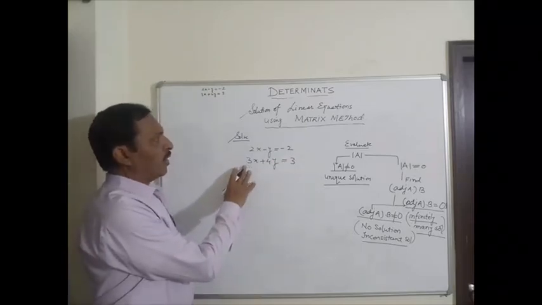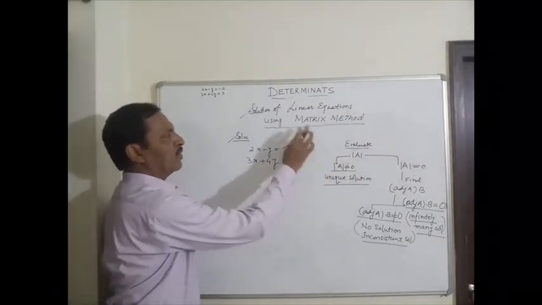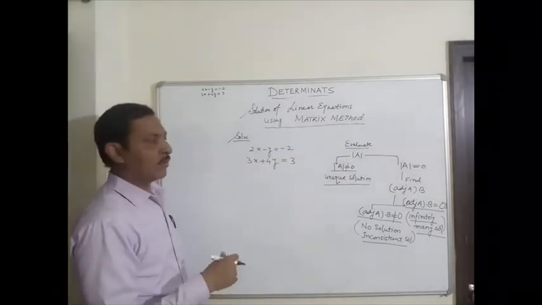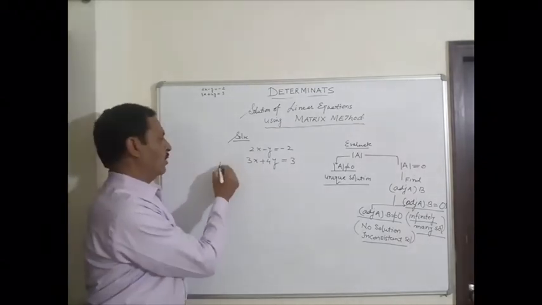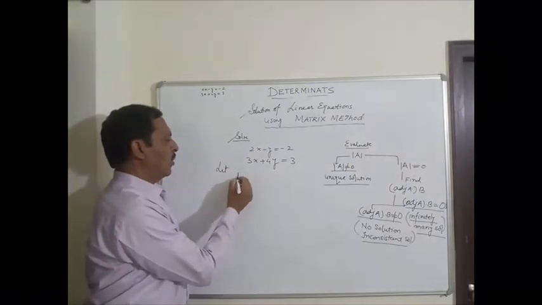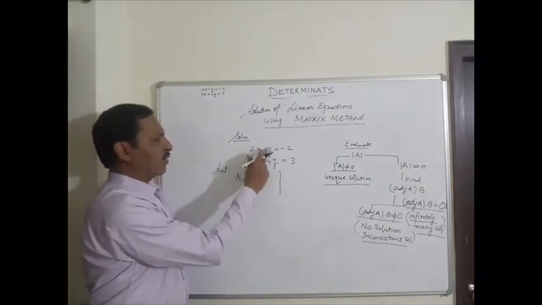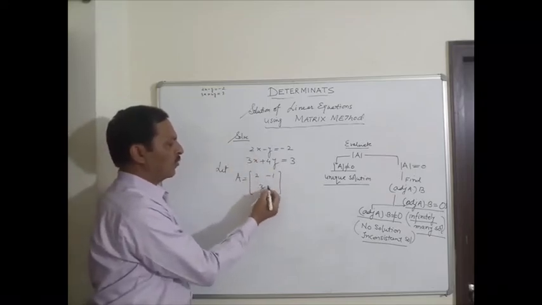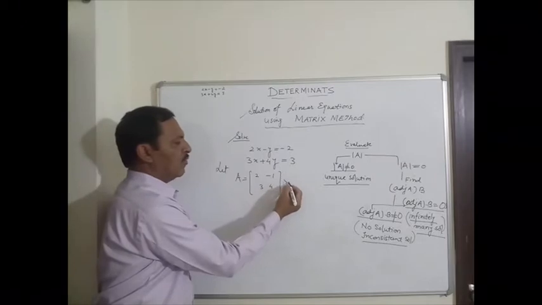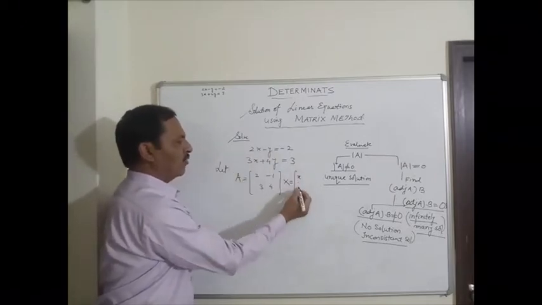To solve it by the use of this determinant, or rather with the matrix method, we form certain matrices. Let A matrix equal the coefficient matrix. So it is 2, minus 1, 3, 4. Then the variable matrix. The two variables x and y are involved, so it is x and y.